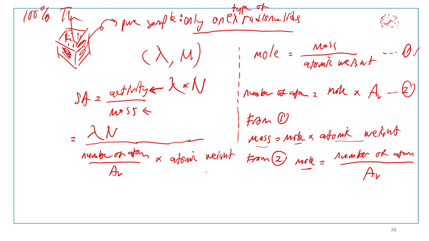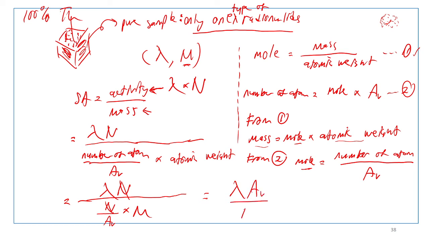The number of atoms is exactly the same as the number of nuclei N. So the N cancels, and at the end you get lambda times Avogadro number divided by the atomic weight. So this is when you have a pure sample.